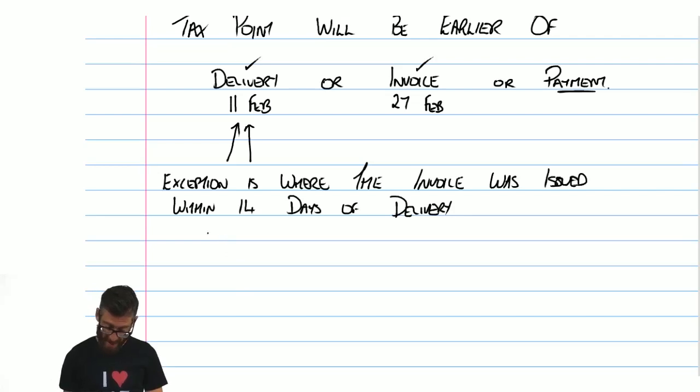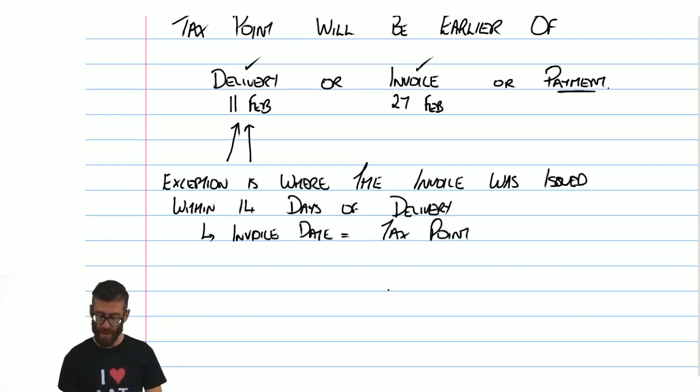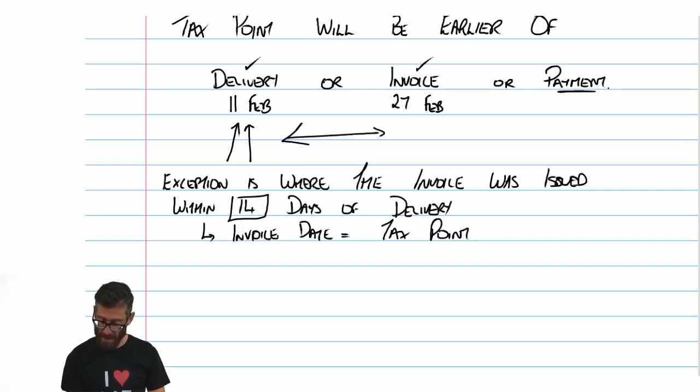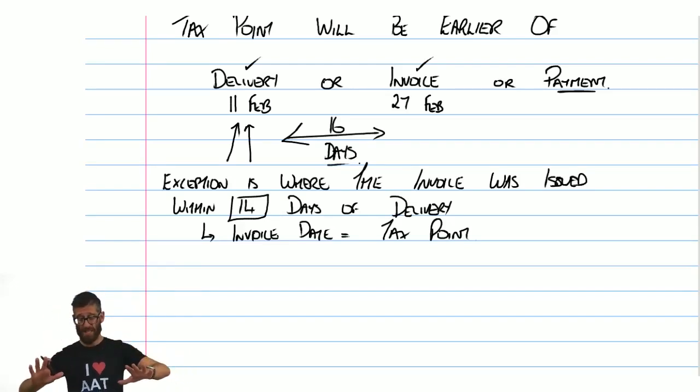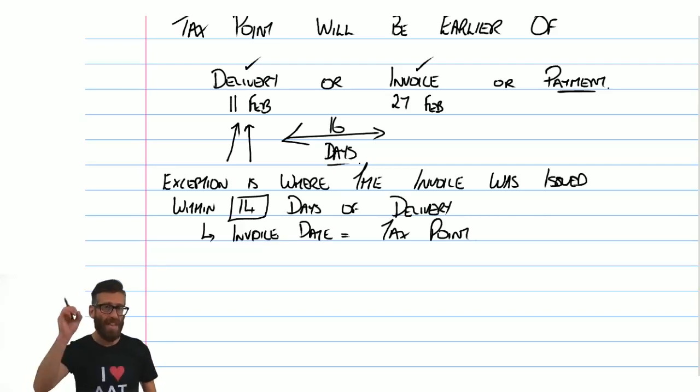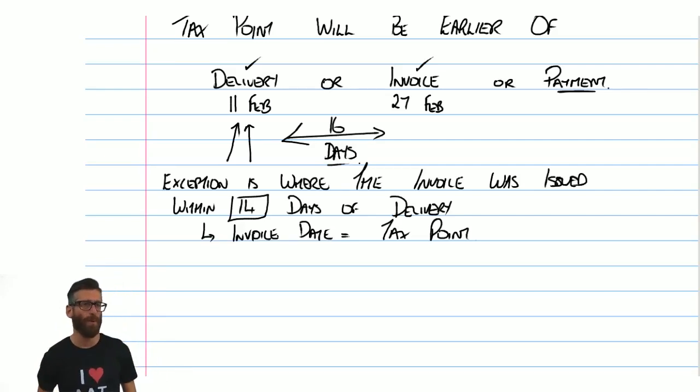Well, then the invoice date will equal the tax point. However, 14 is the magic number. There is 16 days. So in this situation, had the company issued the invoice, let's say, on the 20th of February, 9 days after delivery, then the tax point would have been the 20th of February.